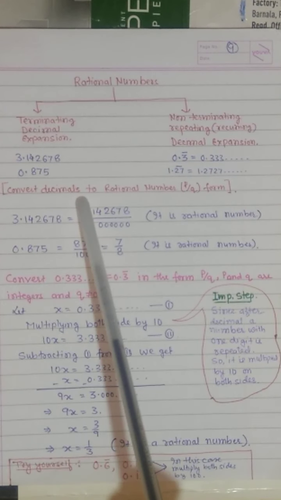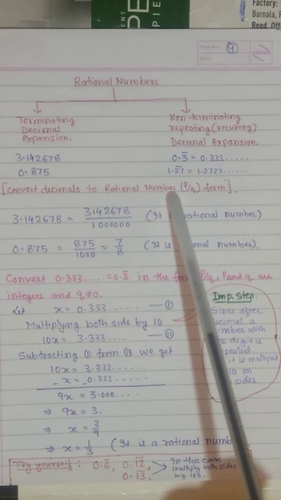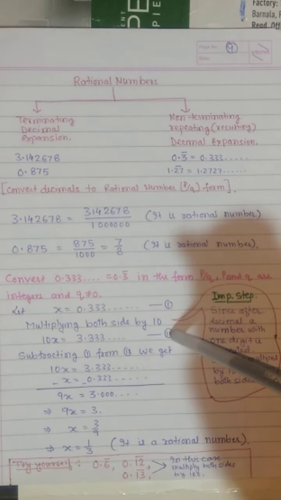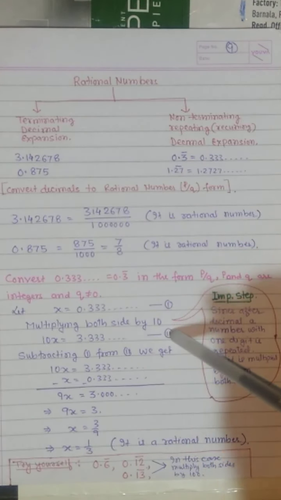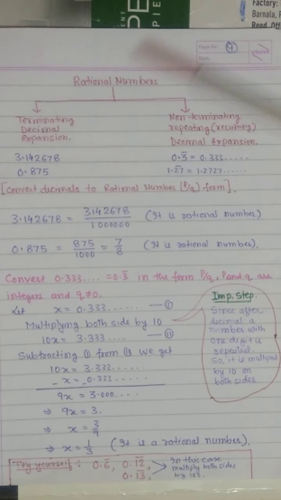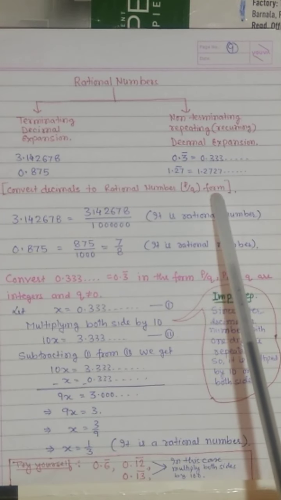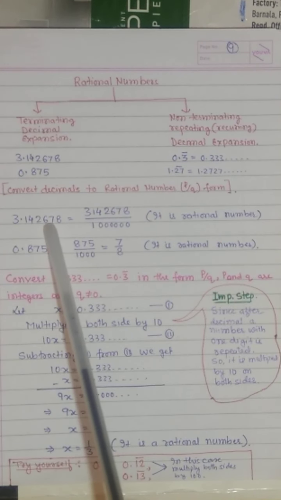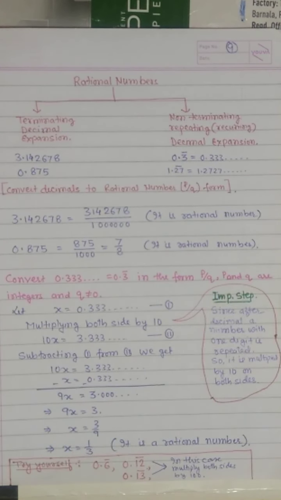Now we convert decimals to rational numbers. Just now we have seen the conversion of rational numbers into decimal expansions. Now we see how to convert decimal expansions to a rational number in the form p by q, where p and q are integers and q is not equal to 0.